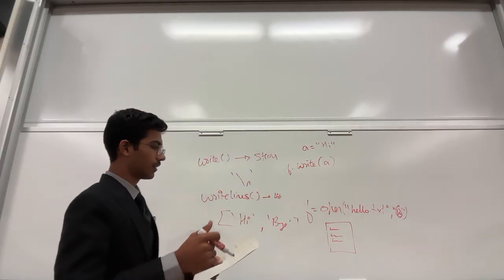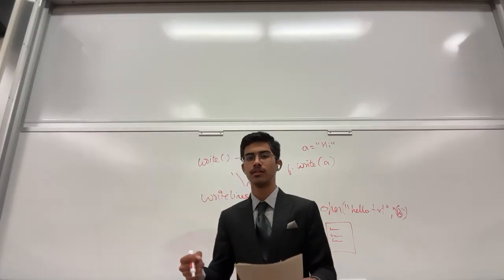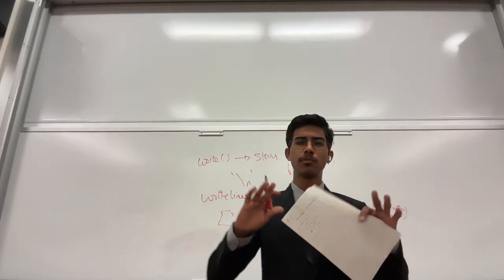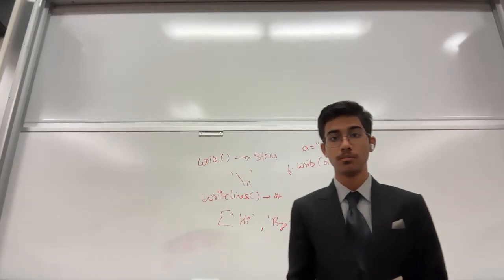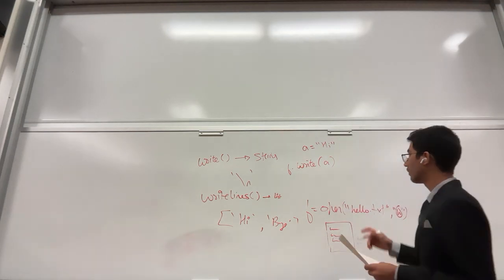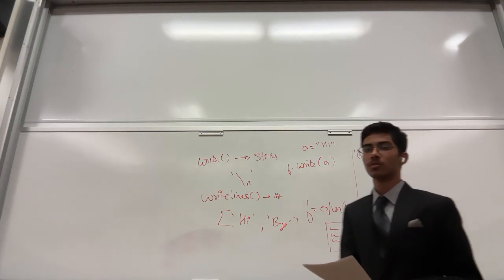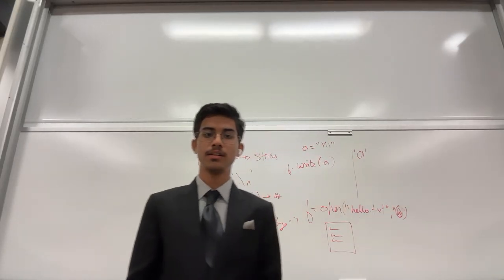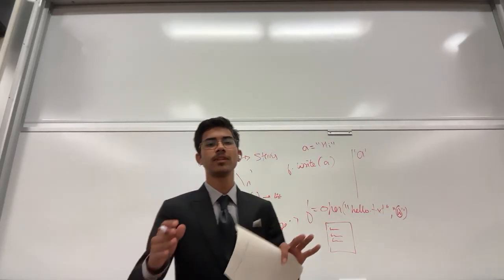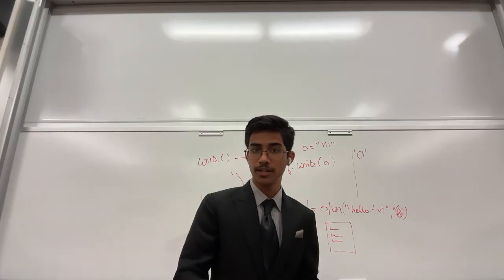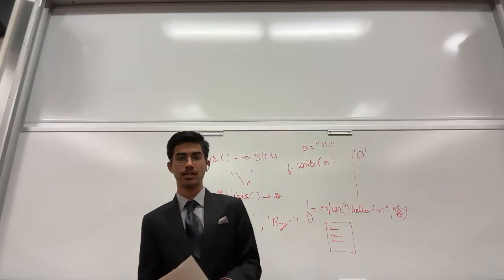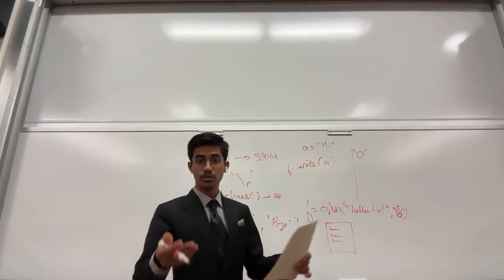Okay, now the third broad type of mode that we have is the append mode. The append mode, on the other hand, tells the user, if you wish to write on a file without changing any of the data on it, you could use me.